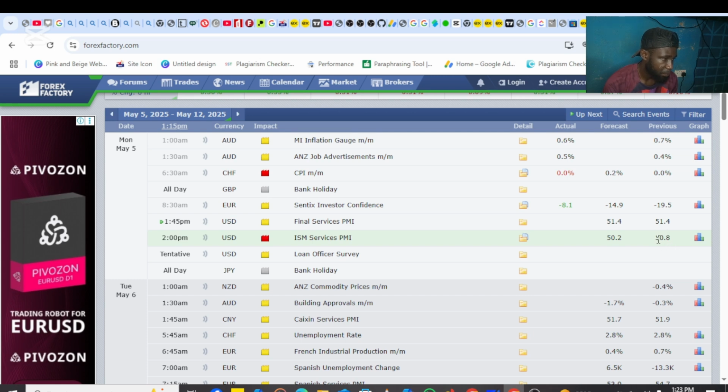The previous figure the news gave is 50.8, and currently the forecast is expecting 50.2, which means the news is going to be a high impact negative news. That is what the forecast is expecting.